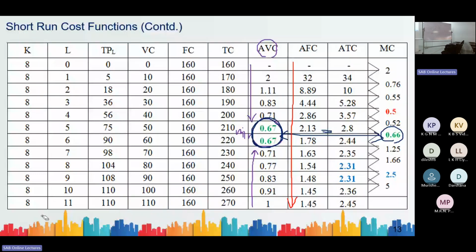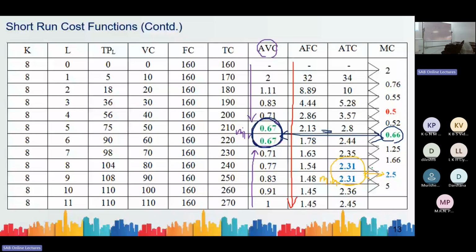And next we have the average total cost or average cost. You can see average total cost is minimum here. When average total cost is minimum, it is also equal to the marginal cost. Yes, you don't see it exactly similar, but it is very much closer. If you draw the diagrams, you will see the marginal cost curve will pass through the minimum point of average total cost.